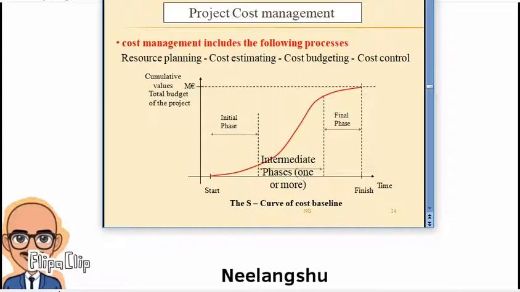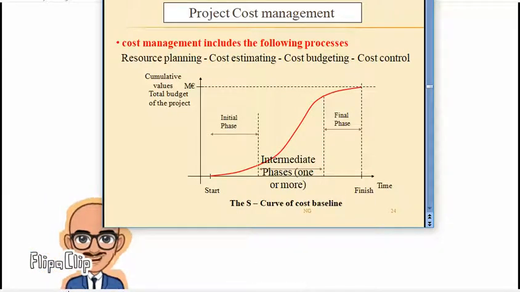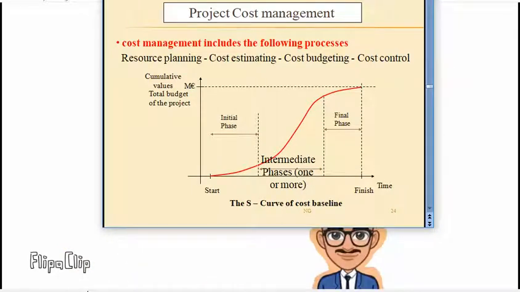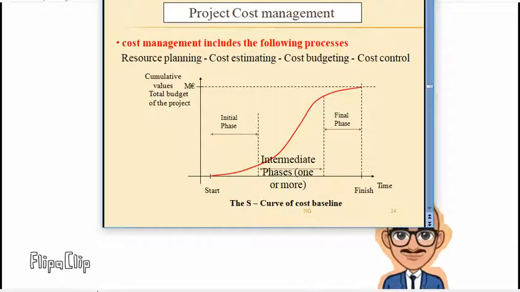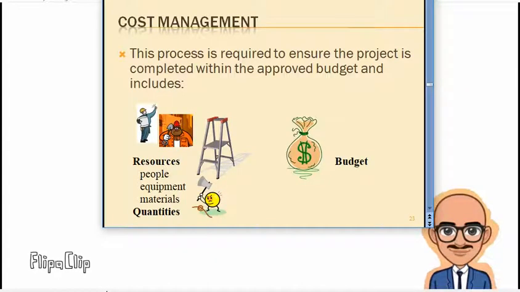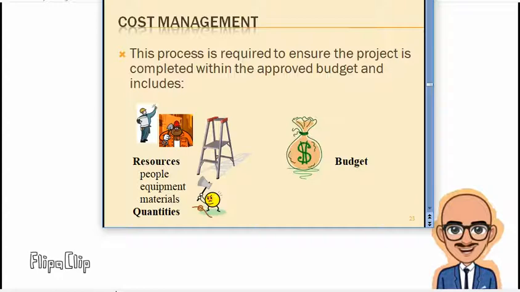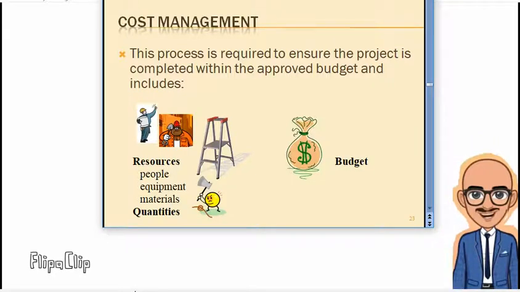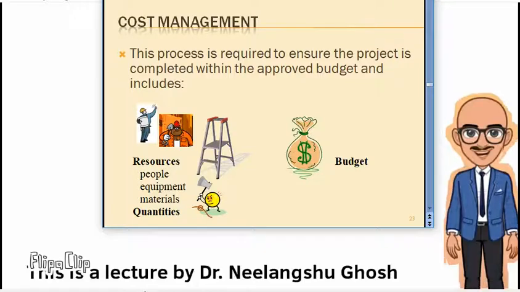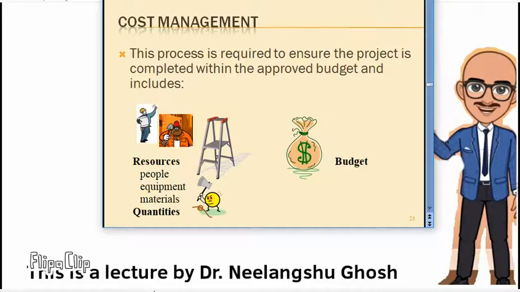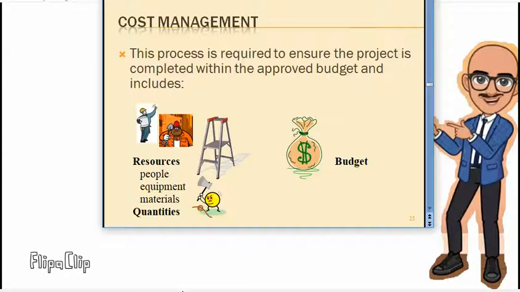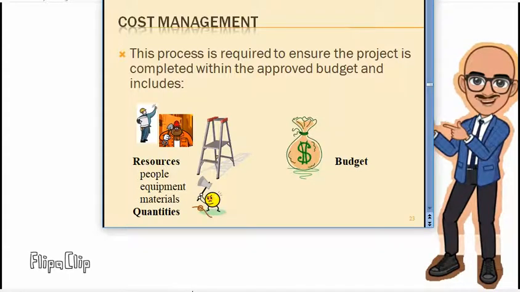Then you have to estimate the cost. Think about making a house again. If you have thought you require 20 people, and they will be working for say 3 months, or 90 days, and the daily wage for 20 people is say 5,000, then 5,000 into 90 days, so 45,000 rupees is the estimated budget.